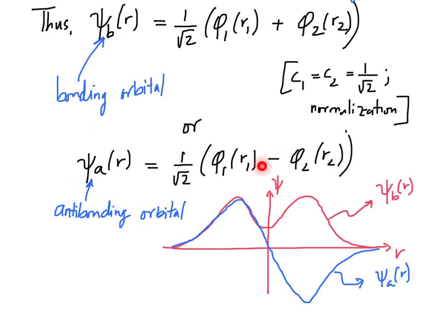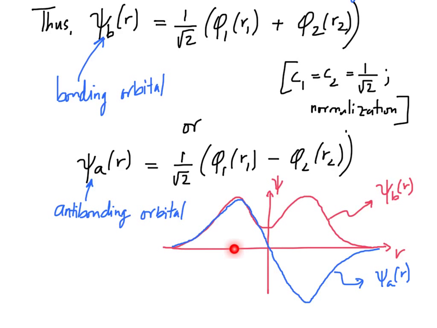Now because you have this negative sign over here, phi 2 has a negative value, and because you're adding phi 1 and minus phi 2, you're going through a node over here, which means this particular orbital ensures that there is zero electron probability of finding electrons at the bond center, which means it depletes electrons from the bond center.